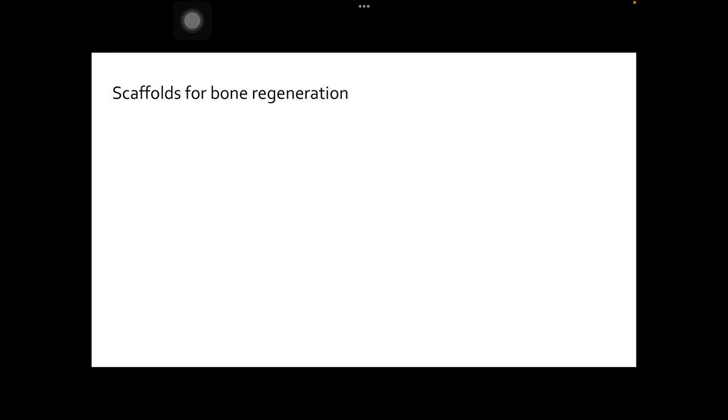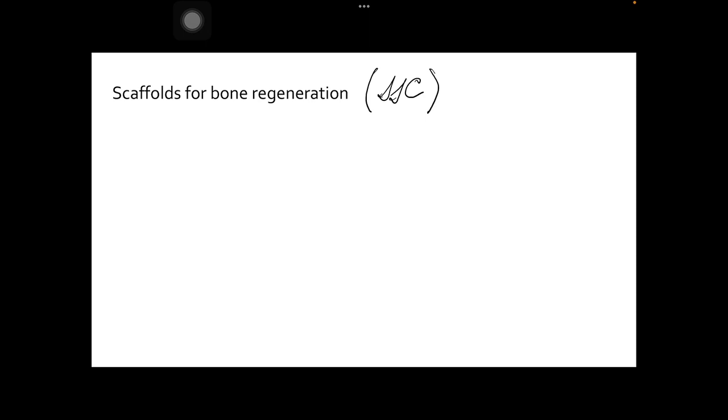If we want to talk about, and we're close to finalizing this lecture, scaffolds for bone regeneration, we can certainly understand that we will have to use scaffolds or materials that the skeletal stem cells that we have been discussing before can recognize and can feel comfortable with.